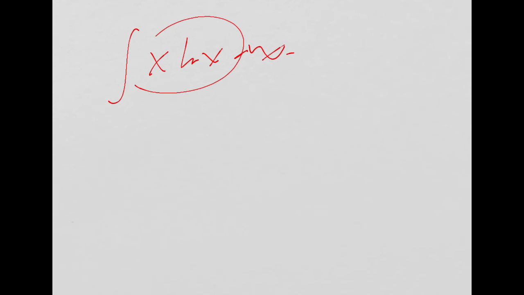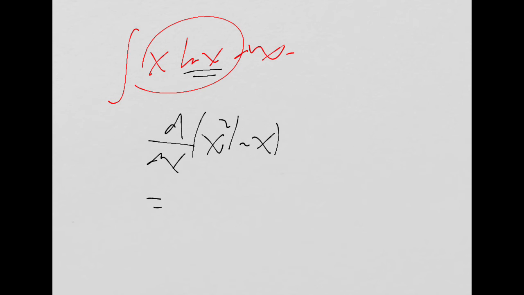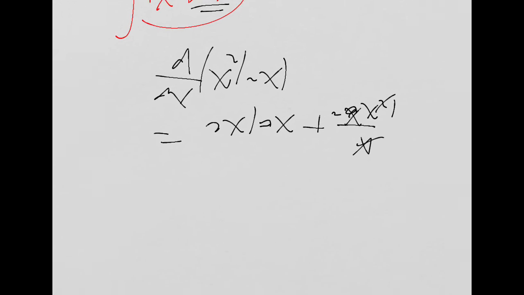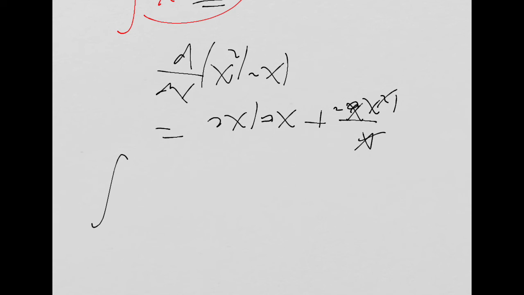To do this, of course, it's very difficult to integrate because you know ln x you've never seen before, right? So then they'll ask you to differentiate something first. You differentiate, and for example right now we're using the product rule. You differentiate the things already, then you just integrate it.